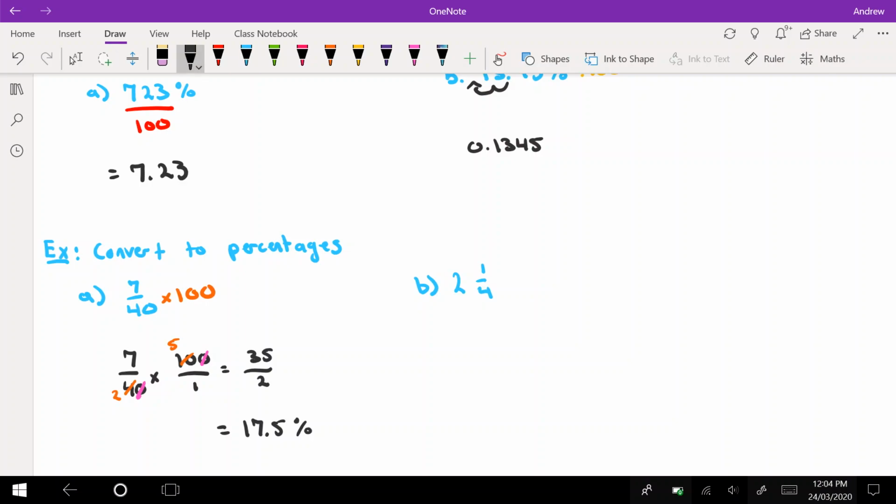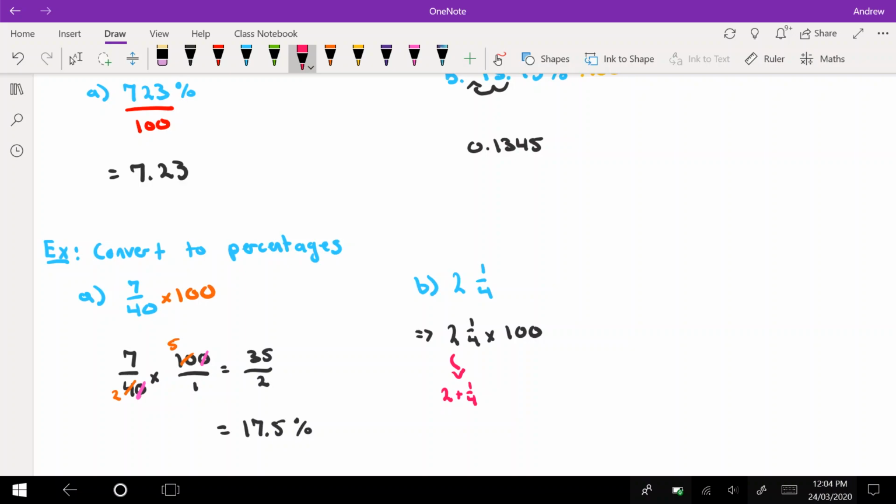Would the 2 be like the whole, like the 2.2? We can say that's 2 and a quarter times 100. Do we remember when we did expanding expressions back when we did our algebra? I can write 2 and a quarter as 2 plus 1 quarter.